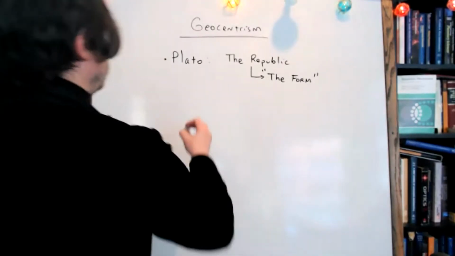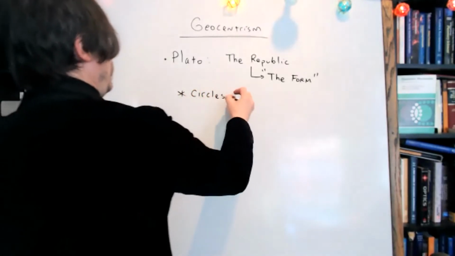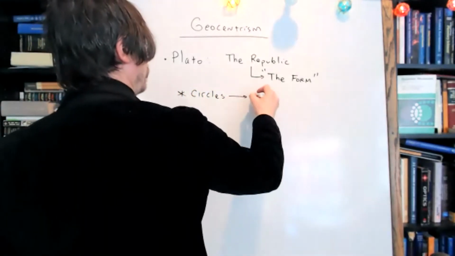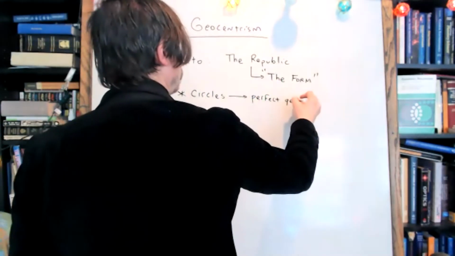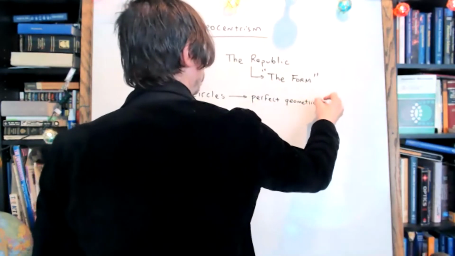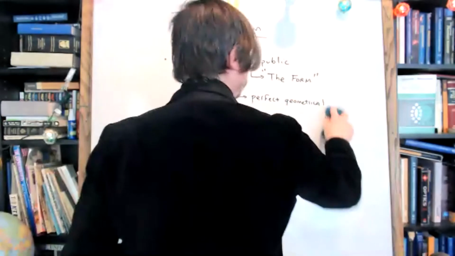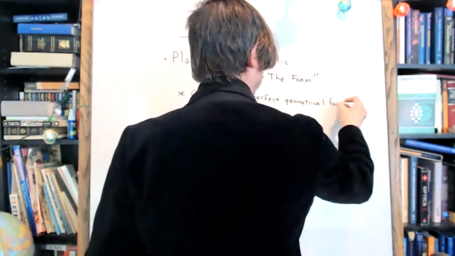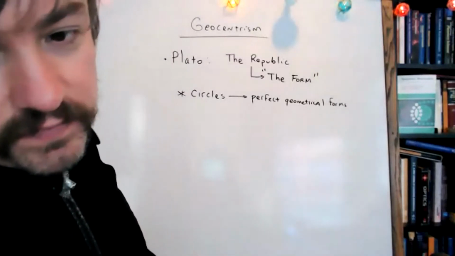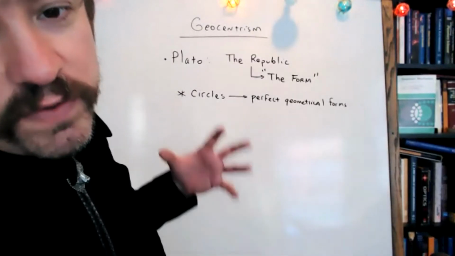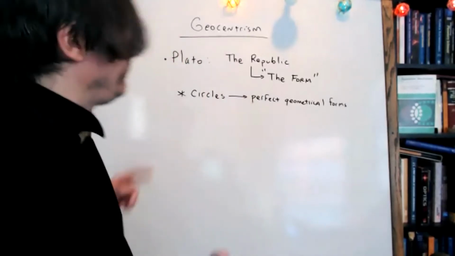Like many Greeks, Plato was obsessed with circles, and he believed that circles were sort of like perfect geometrical forms. And if there was anywhere, Plato argued, where you would find a real perfect circle, the form of a circle, it would be in the heavens.